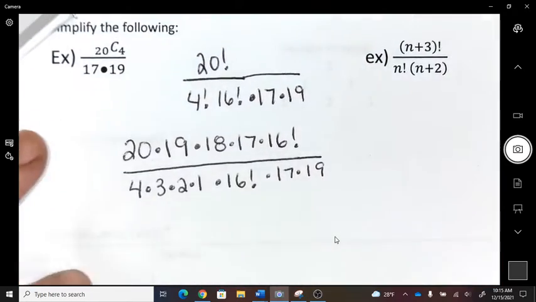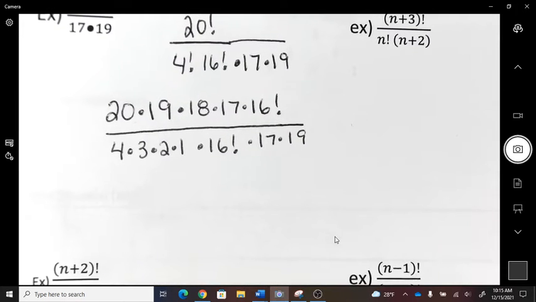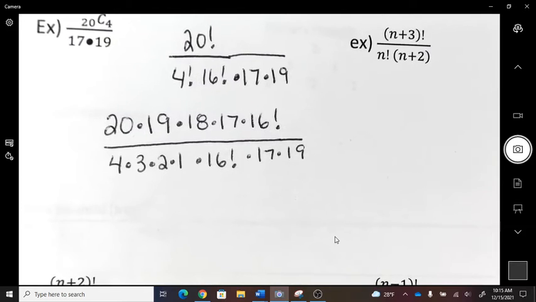Okay, I'm also going to have to expand 4 factorial. Okay, so I guess technically this on a provincial exam would be in a section without your calculator.